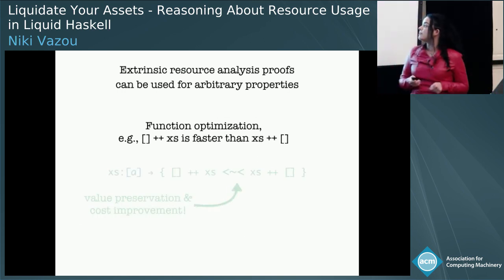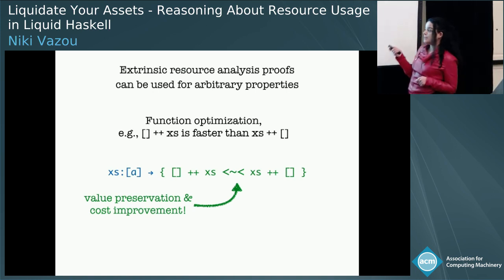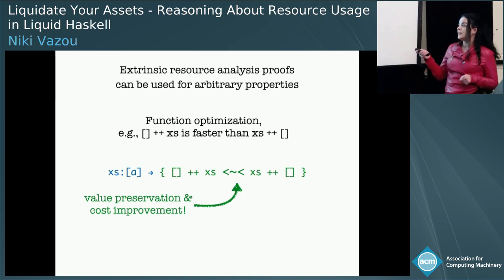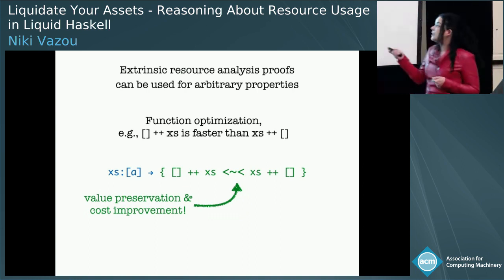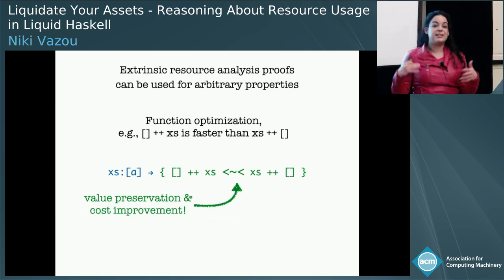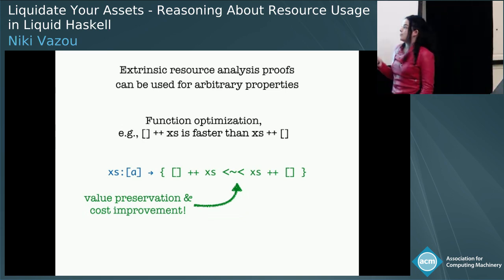So for example, this property is expressed as this refinement type that says that for any x's, empty append x's is this symbol, which means that I'm going to preserve the value but improve the cost of x's append empty. So this gives you a nice notation and a huge simplification of the proofs.